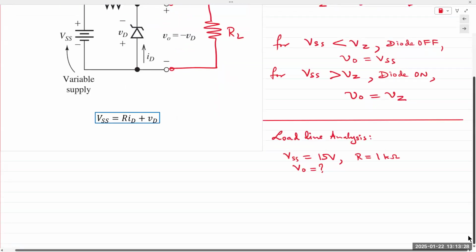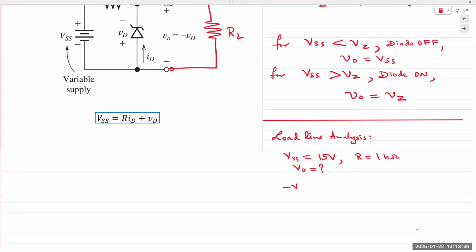So if we write the KVL expression, we would get VSS. In this case, I'm going to follow my sign convention. If I apply KVL, I obtain minus VSS plus VR minus VD is equal to 0.